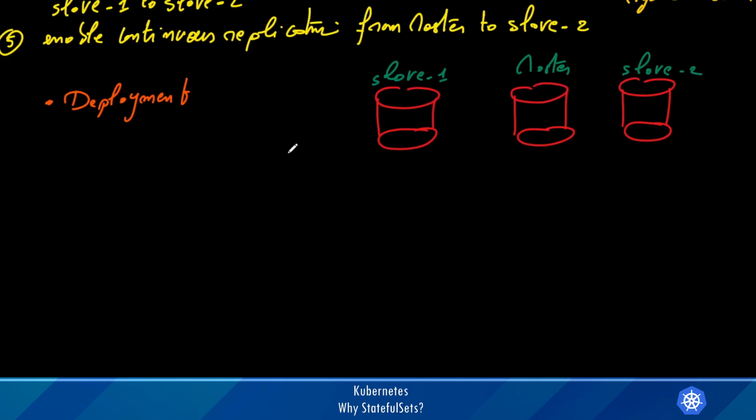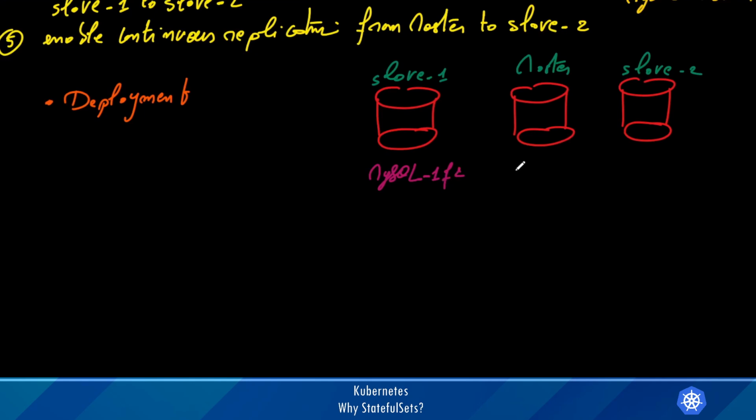Another problem when we create those instances with a deployment is that those instances will be pods in Kubernetes, and each pod will have a random name. For example, the first one can be called MySQL combined with some characters.